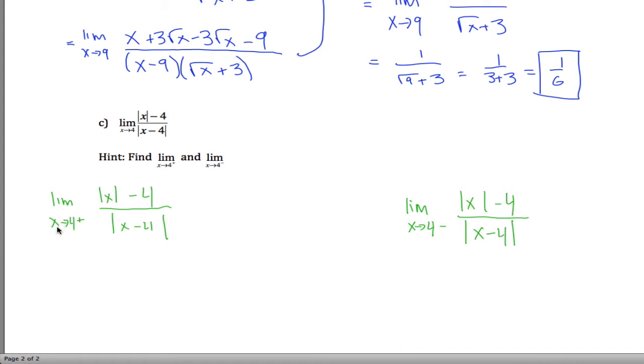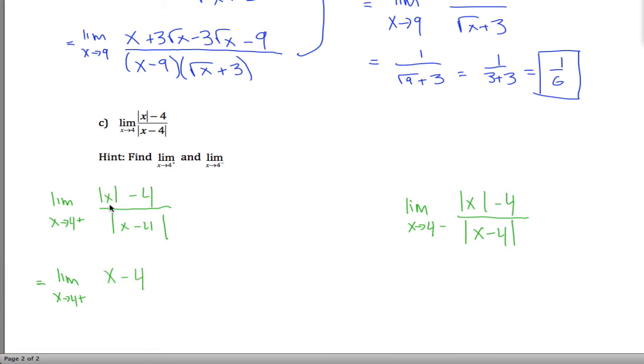We're approaching, our value of x is getting close to 4 from the positive side. So in your head, you're thinking 4.00001. The absolute value of 4.0000001 is just 4.0000001. What I'm saying is when my x value is a little bit bigger than 4, the absolute value of x is just equal to x.